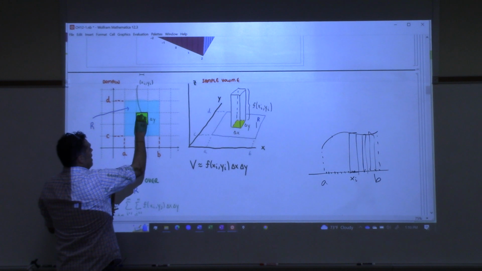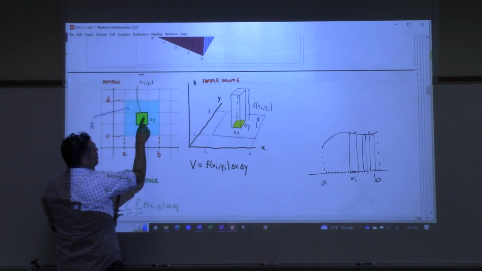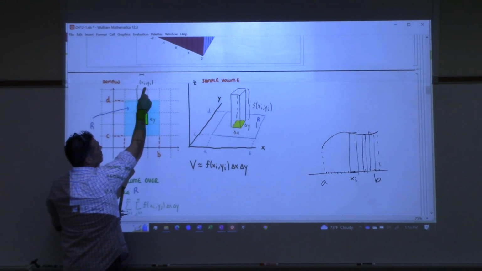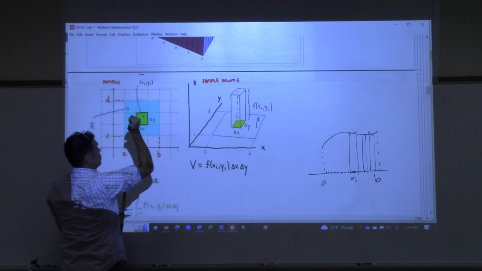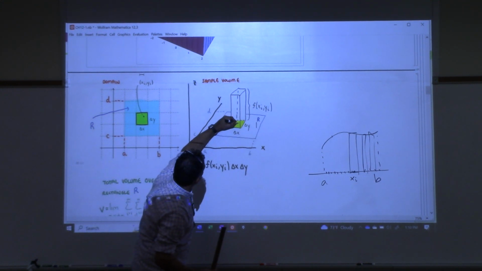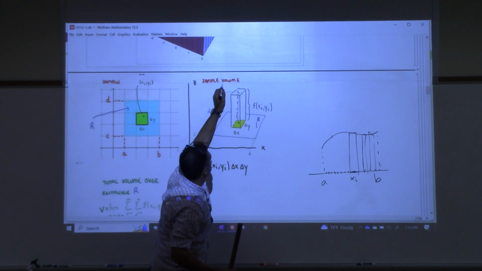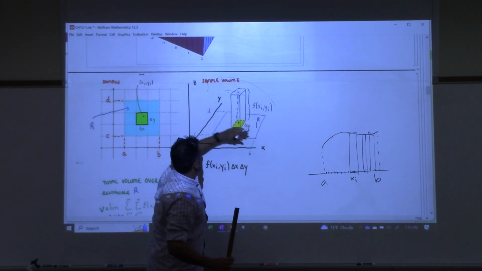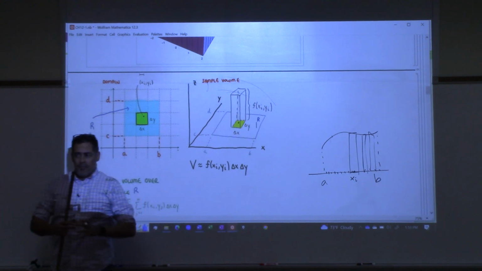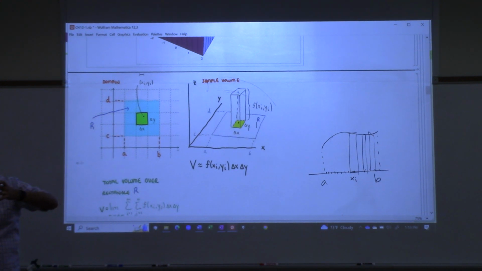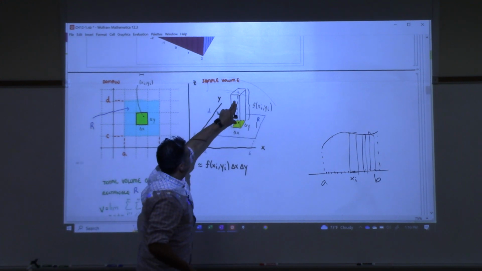And so what we do then is we take one arbitrary point in that little rectangle and we plug that into the surface, which is this point somewhere in here, gets plugged into the surface, and up here on the surface, the surface is up here somewhere, that will give us the height of that parallelepiped box, right? And so we want to know what is the volume of this box.